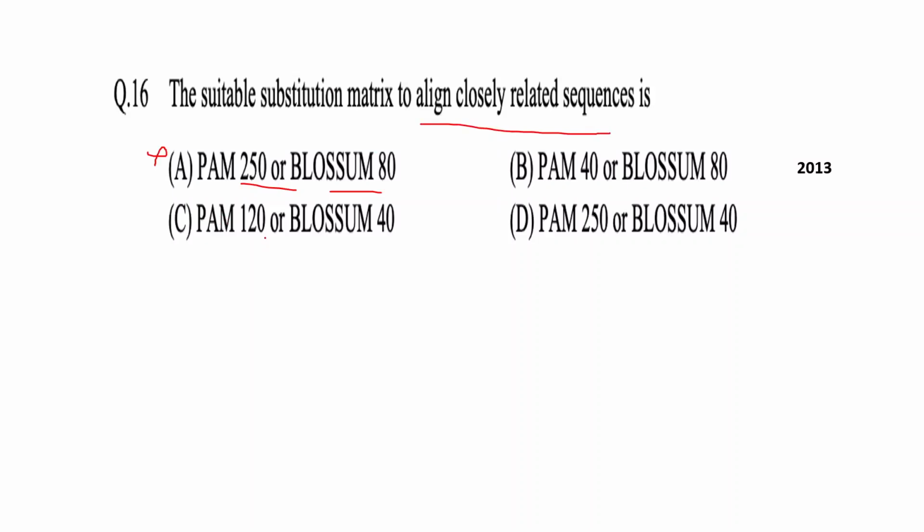Option C also has PAM high and BLOSUM low, which is incorrect. Option B shows PAM low and BLOSUM high, yes, it is the correct answer. Option D also has PAM high and BLOSUM low. So the correct answer of this question is option B.